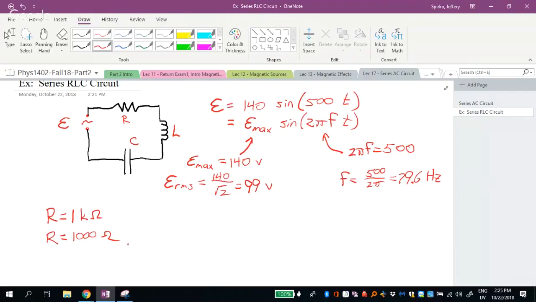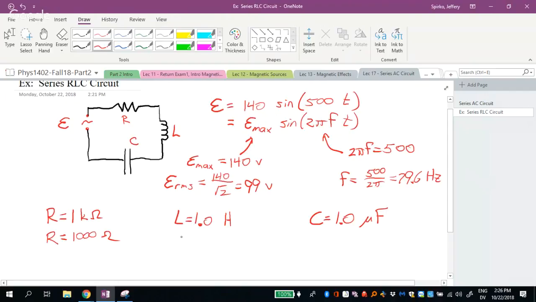All we know is the total voltage. So we kind of have to work at more of the circuit. So we're going to be given L is 1.0 henries. And then we're also going to be given C is equal to 1.0 microfarads.